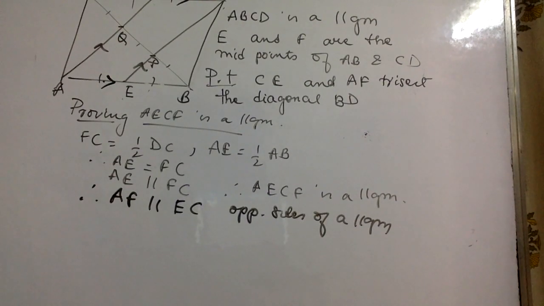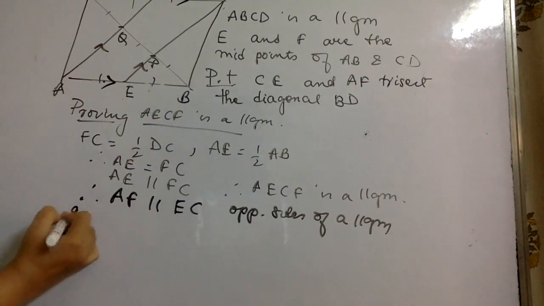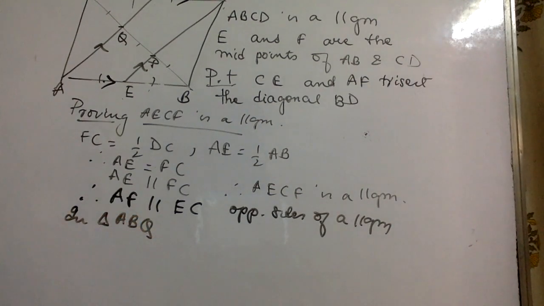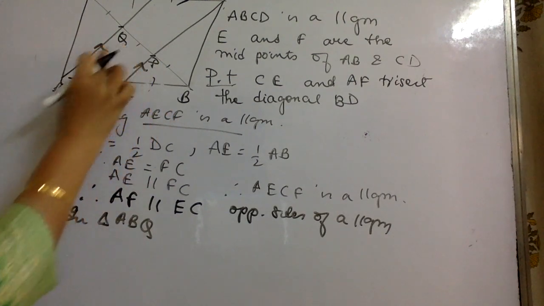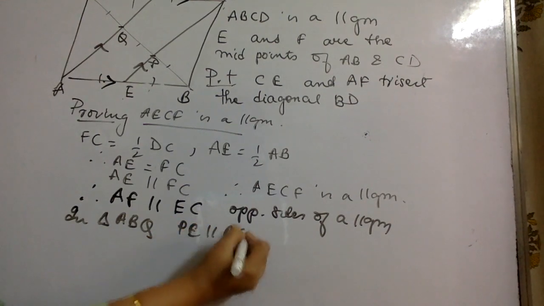In triangle ABQ, PE is parallel to AQ, isn't it?